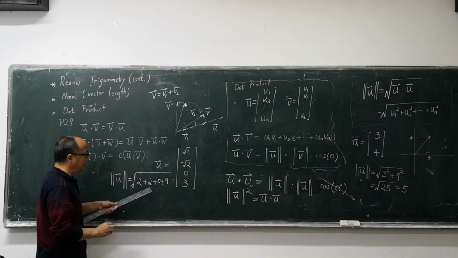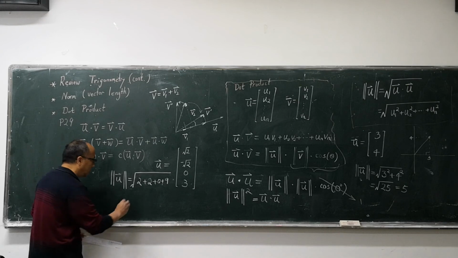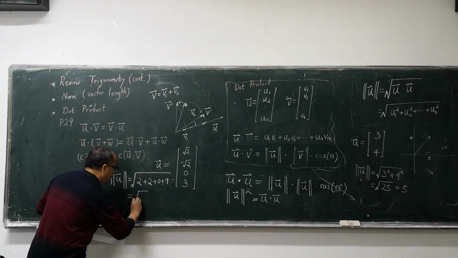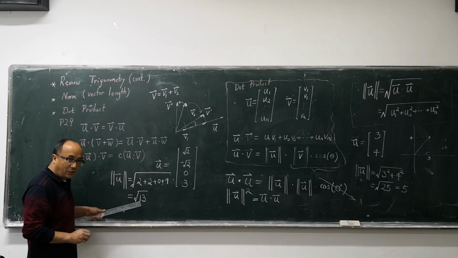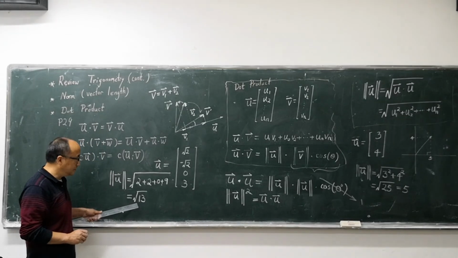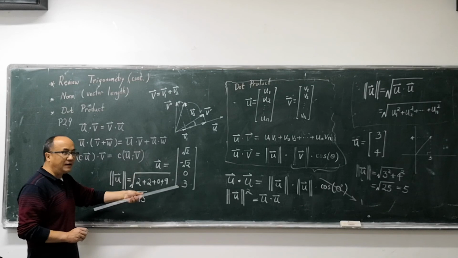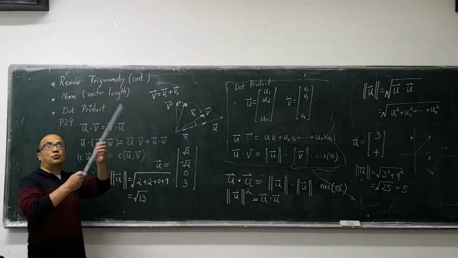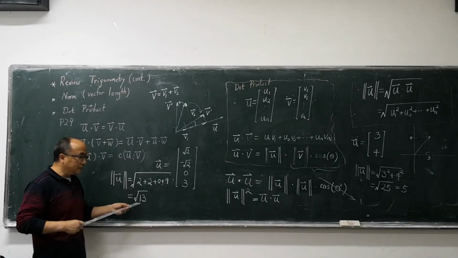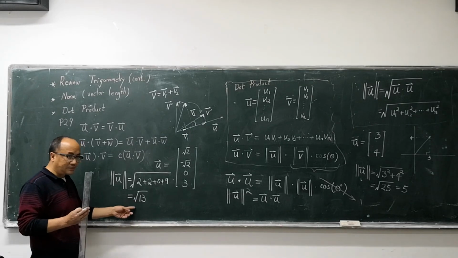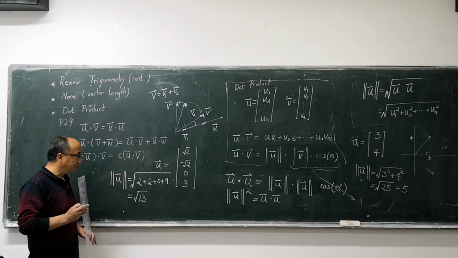And unfortunately, it's not a beautiful number, but it is square root 13. So this vector, I do not know where to point it, but I know the length is square root 13. Okay.